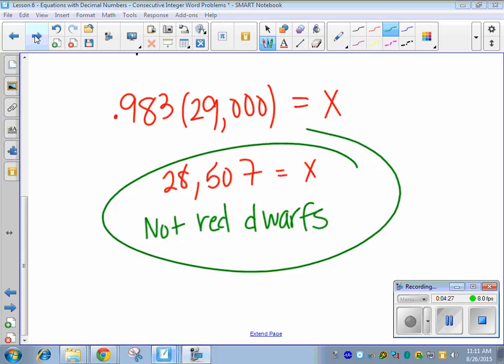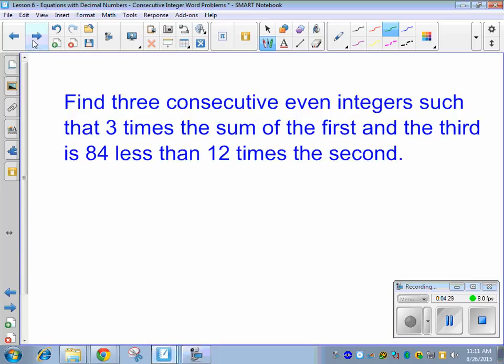Enough. So back to these consecutive integer problems that you guys did in the Algebra 1 book. Good times. So if you're just doing regular consecutive integers, you use n plus 1, n plus 2, etc. But if you are doing evens or odds, same thing, even or odds, what do you guys use?